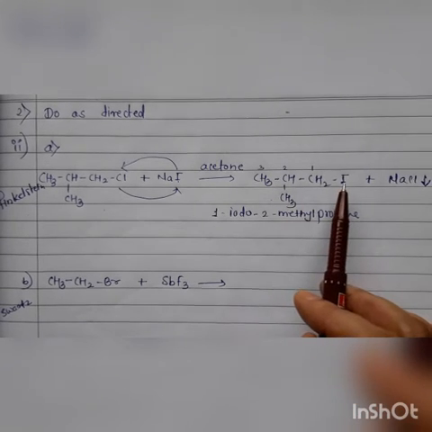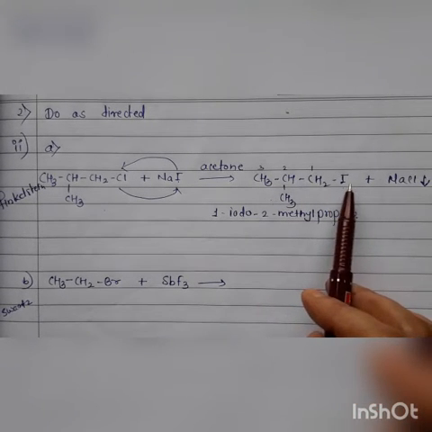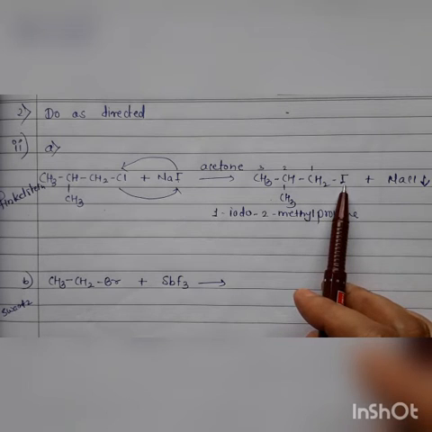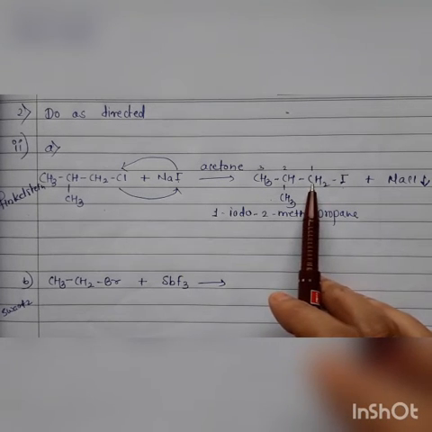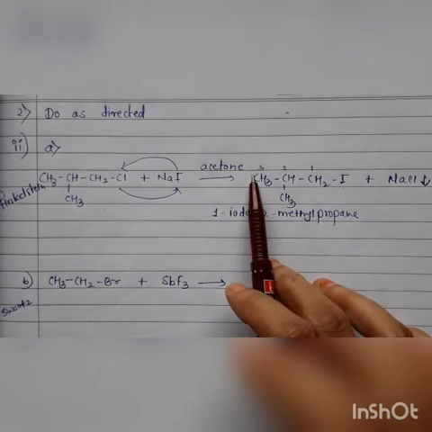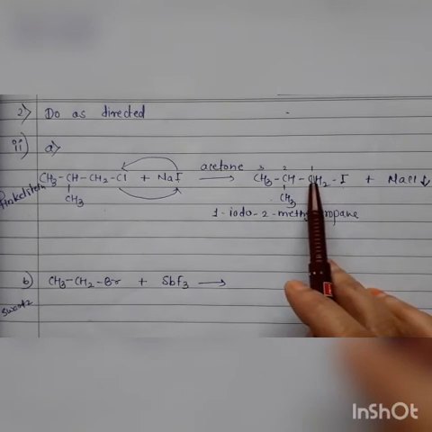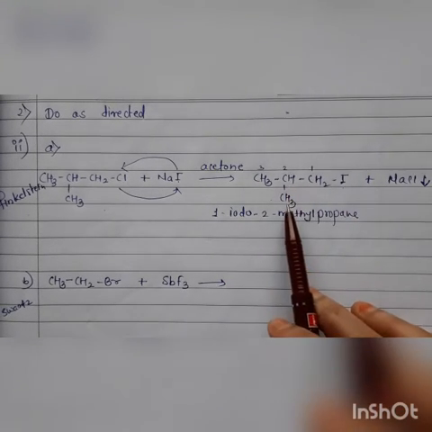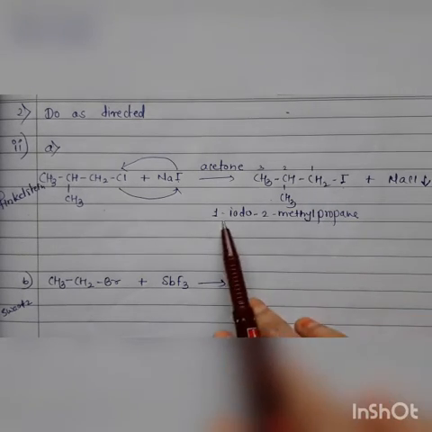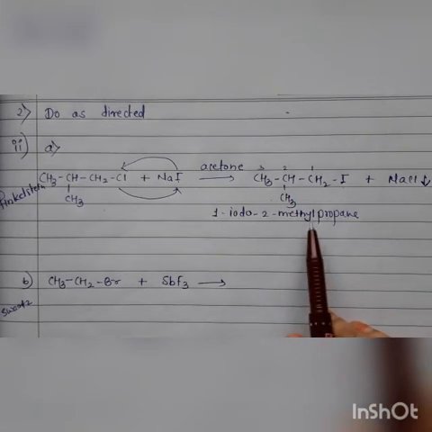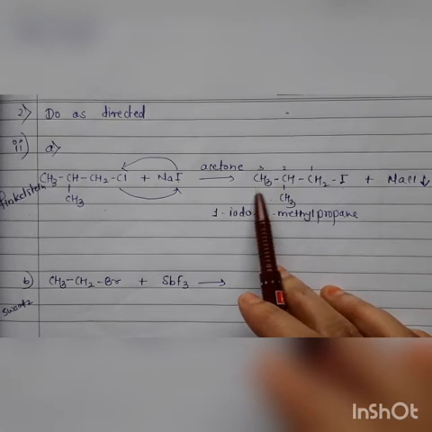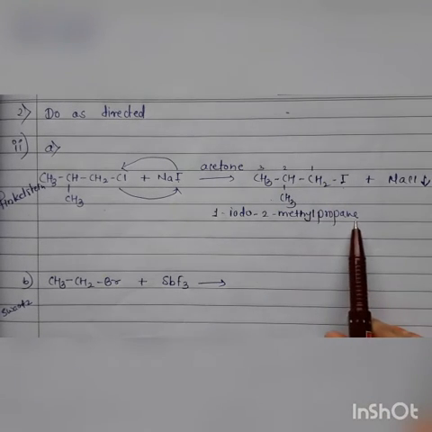Numbering will start in such a way that iodine will get the smallest possible number. That means we have to start numbering from this carbon atom 1, 2 and 3. Okay, so let us write the name. At first position iodine and second position methyl group is there. So 1-iodo, 2-methyl and 3 carbon atoms chain is there. So 1-iodo-2-methylpropane. Understand?